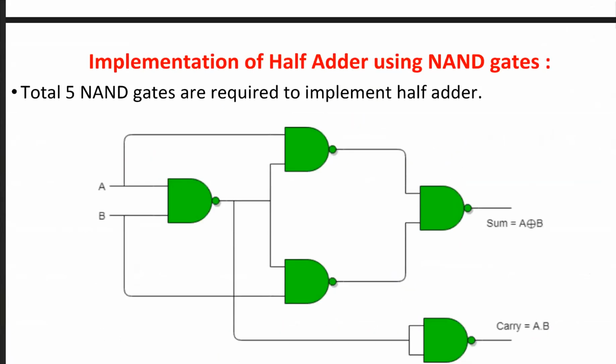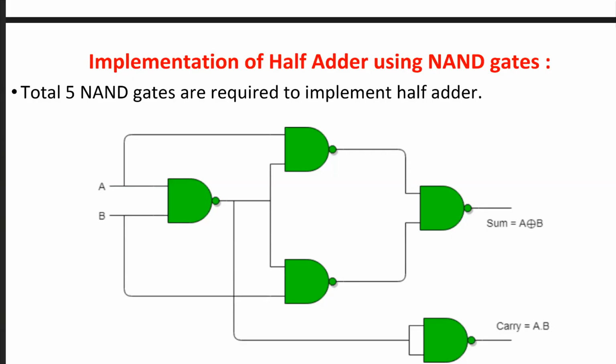Now, suppose a question comes, implementation of a half adder using a NAND gate. Or the next question can be using a NOR gate. So implement a half adder using NAND gates. We require 5 NAND gates. Here instead of X and Y, I have A and B, because I took this from a different source.